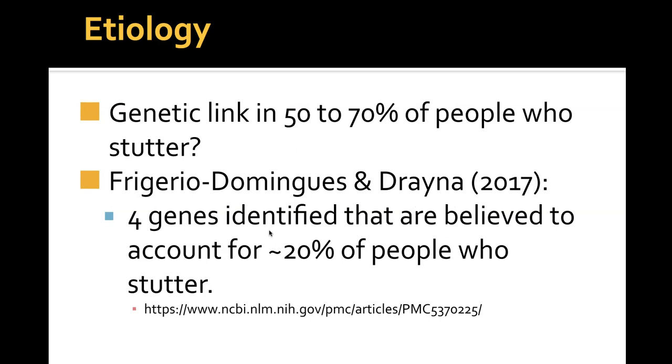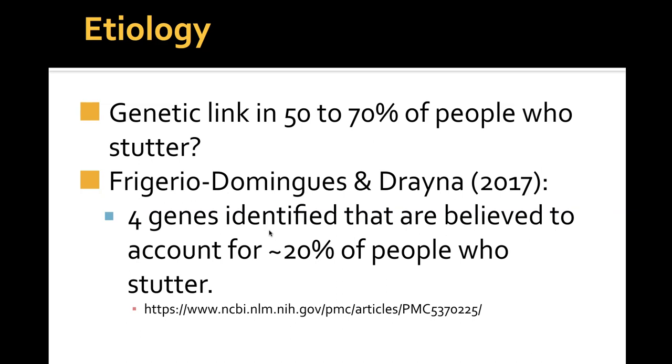So we believe that there's a genetic link in 50 to 70% of people who stutter, probably more toward that 70% mark. Dennis Drayna is a big researcher at the NIH. He's one of the few people in the world whose only job is to study the genetics of speech and language disorders.